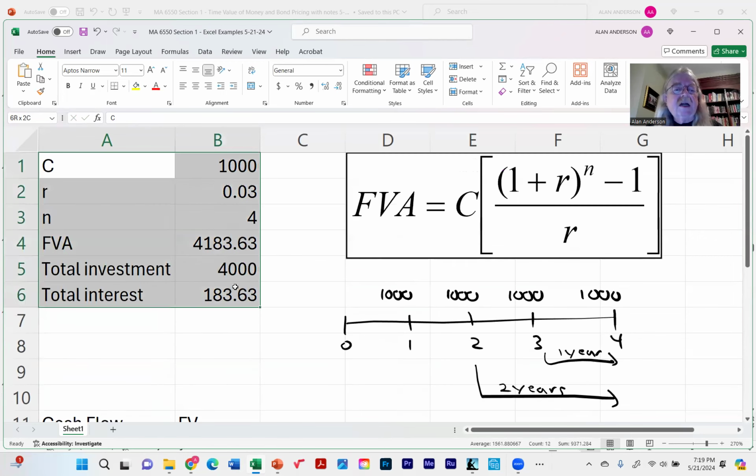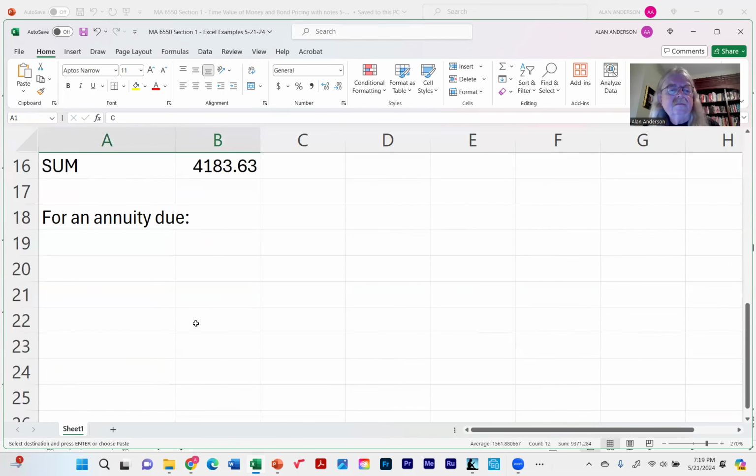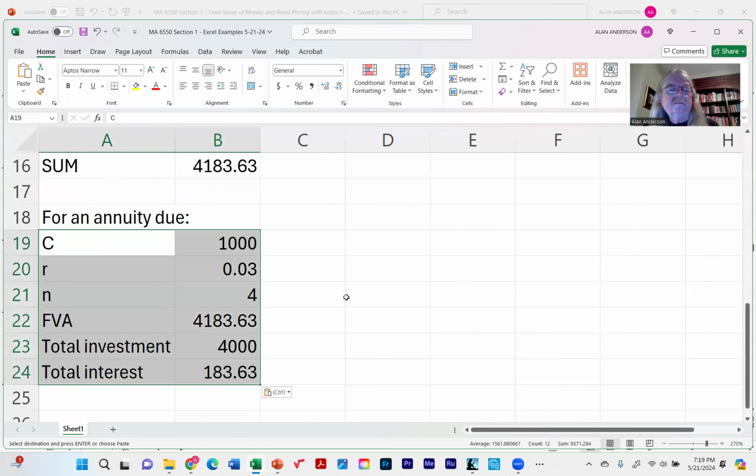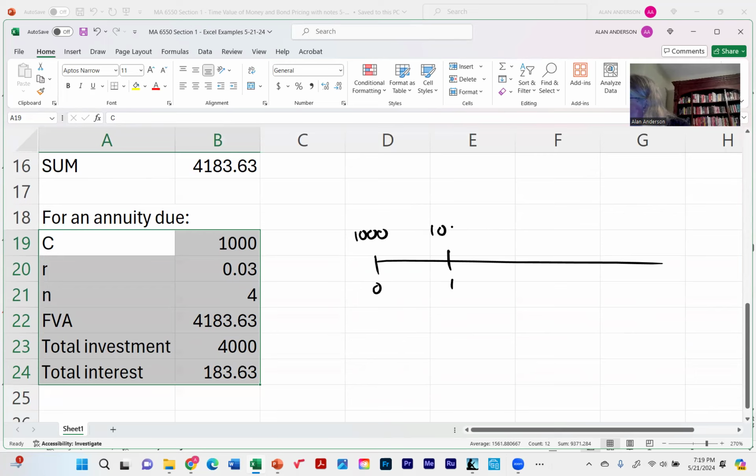So I'll just copy these and I'll draw the graph again, except you'll notice this time, first cash flow is in year 0. Then we have year 1, year 2, and then year 3.